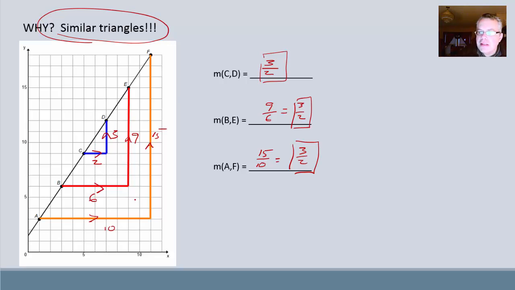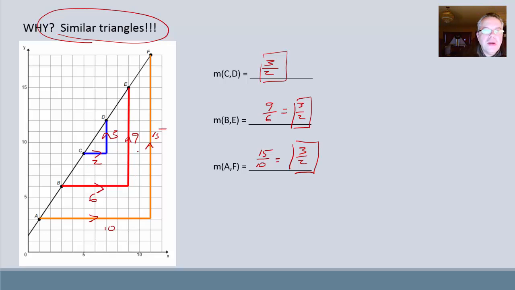They're just different sizes. Similar triangles have sides with the same ratio. So when I take this vertical side over the horizontal side, that ratio is going to be the same for all of them. So the reason why it doesn't matter which 2 points we pick is because all the slope triangles we get are similar and have the same ratio of sides.